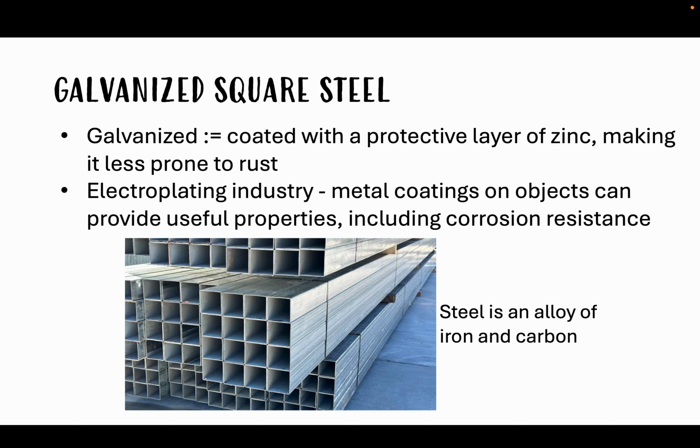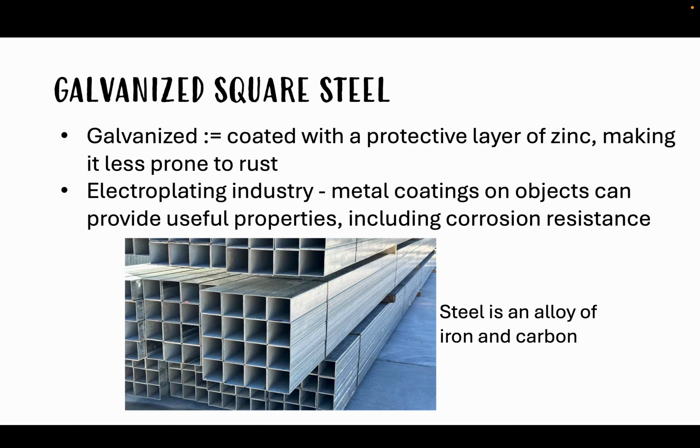Picking up from the previous lesson, galvanization is a way of trying to prevent corrosion or slow down corrosion. When we say some material is galvanized, it is coated with a protective layer of zinc so that corrosion or rusting is slowed down.